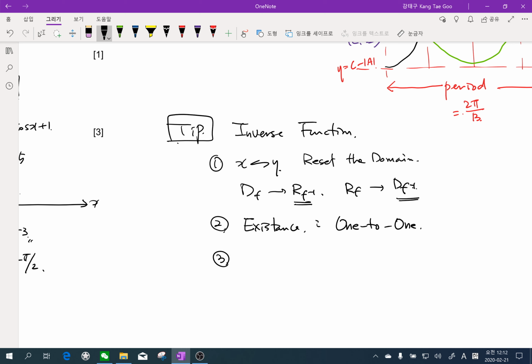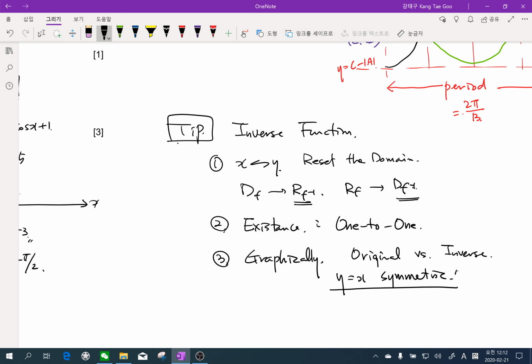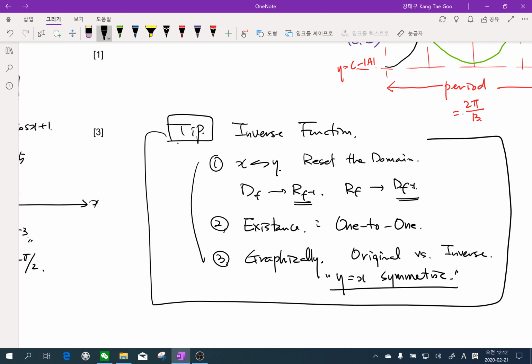And then the third one, graphically, the original function and your inverse function are symmetric about the line y equals x. Okay, those 3 facts you must know, and there is nothing more than this about inverse function questions.